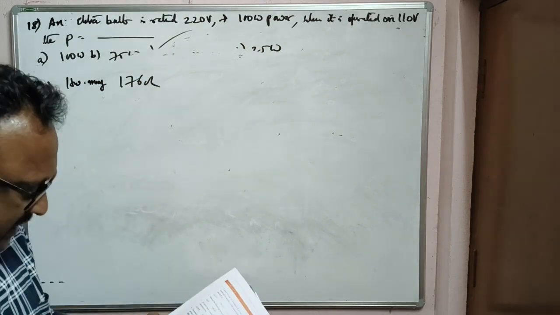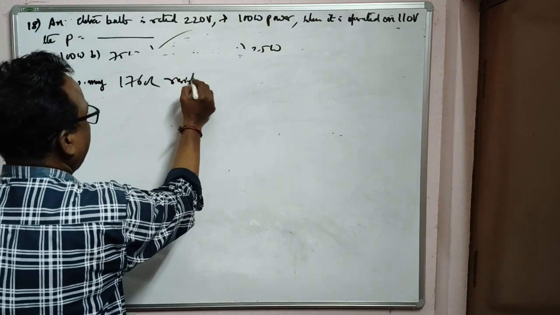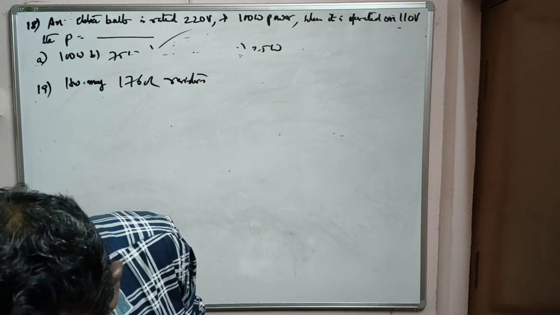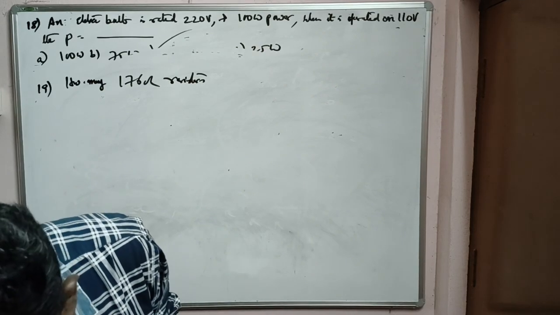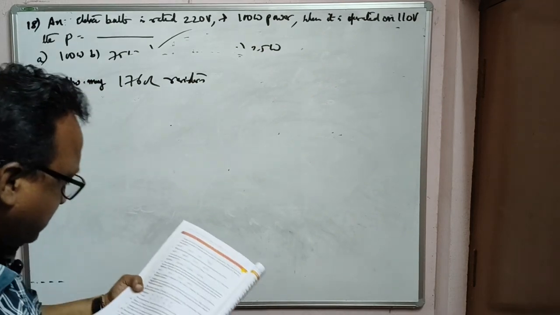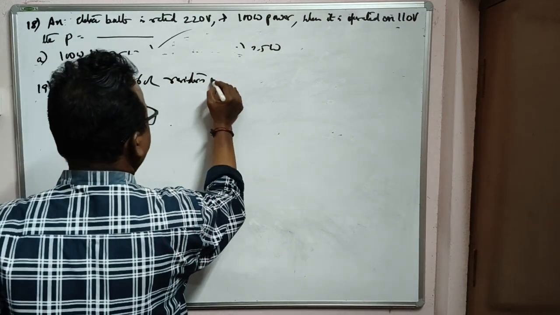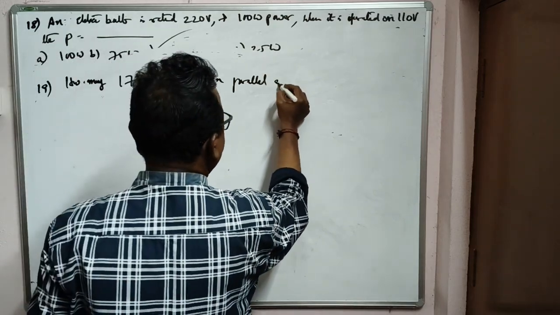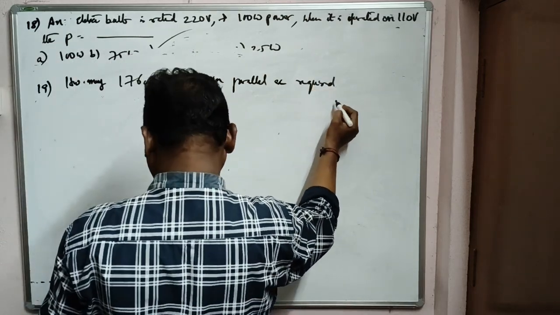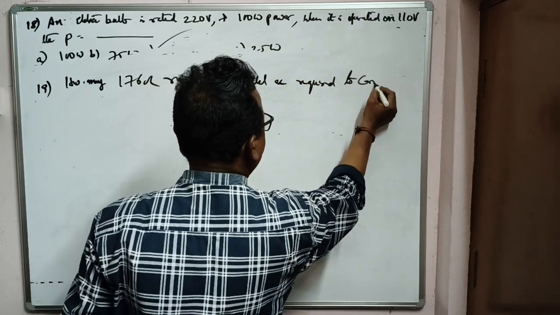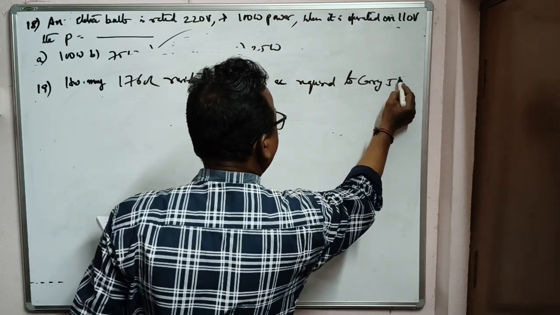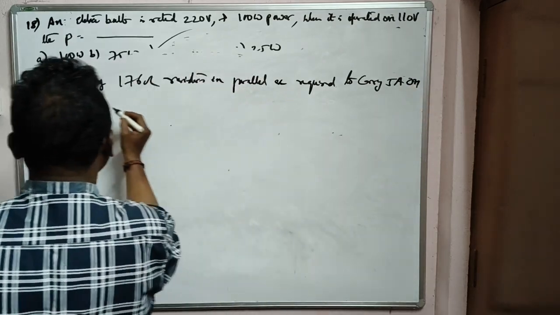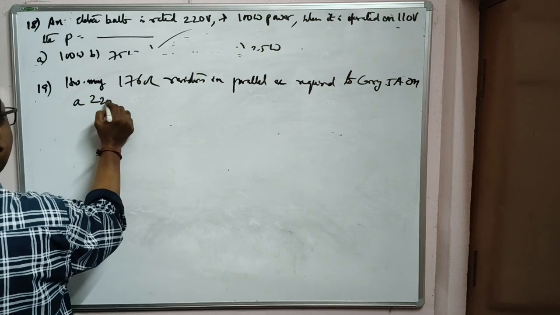How many 176 ohms resistors, I mean in parallel, are required to carry 5 amperes current on a 220 volt line.